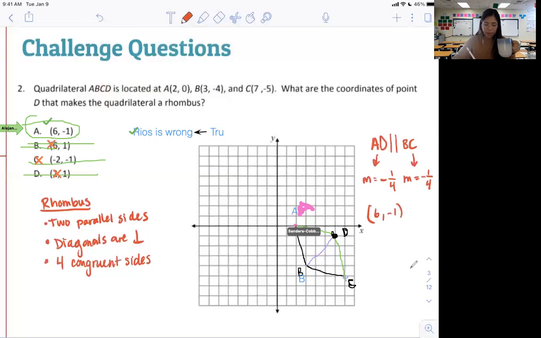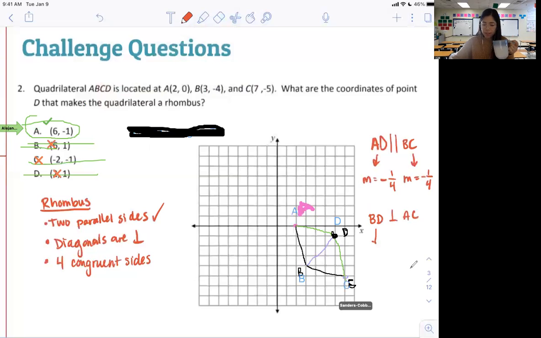So we're good with that. We've got our parallels. And then what are my diagonals that must be perpendicular? BD and AC. Good. BD must be perpendicular to AC.